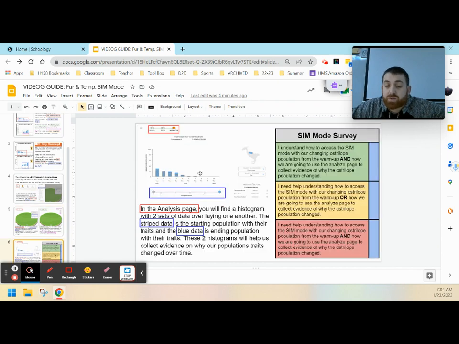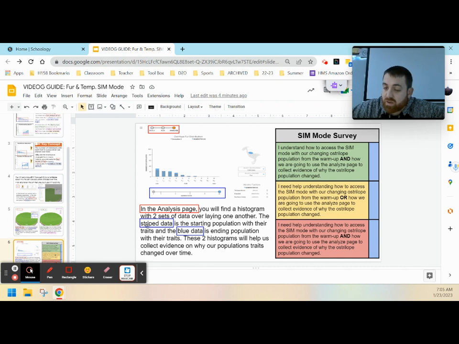From there, we're going to use the data in the Analyze page, or the histogram in the Analyze page, to look at the 2 sets of data. In other words, there's going to be 2 sets of data, one on top of the other, overlaying one another. There's going to be striped data, which will be the starting population of traits that we saw. And then there's going to be the blue traits, which is going to be on top of it.